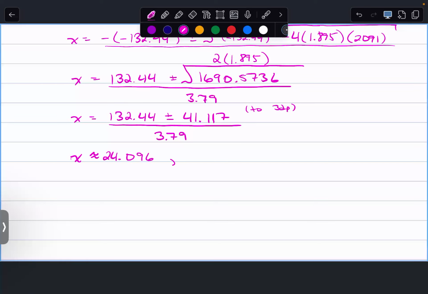And 132.44 plus 41.117 divided by 3.79 is roughly 45.793 to 3 decimal places. Nice.